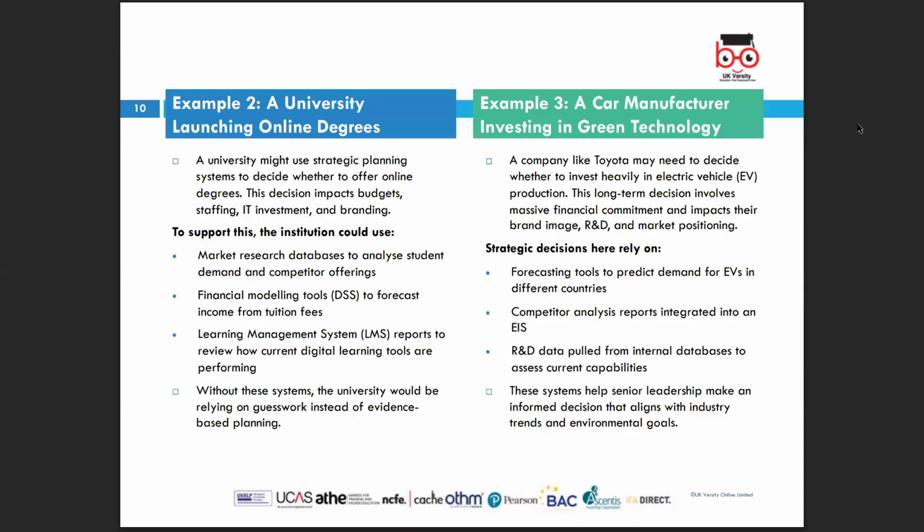Another example could be a university launching an online degree. We now know that a lot of universities are providing the option for students to study remotely and access all the materials through the portals. This might be a strategic planning decision, to decide whether to offer online degrees. These decisions will impact the budget, staffing, IT investment, and branding. What could the university do to support this decision?